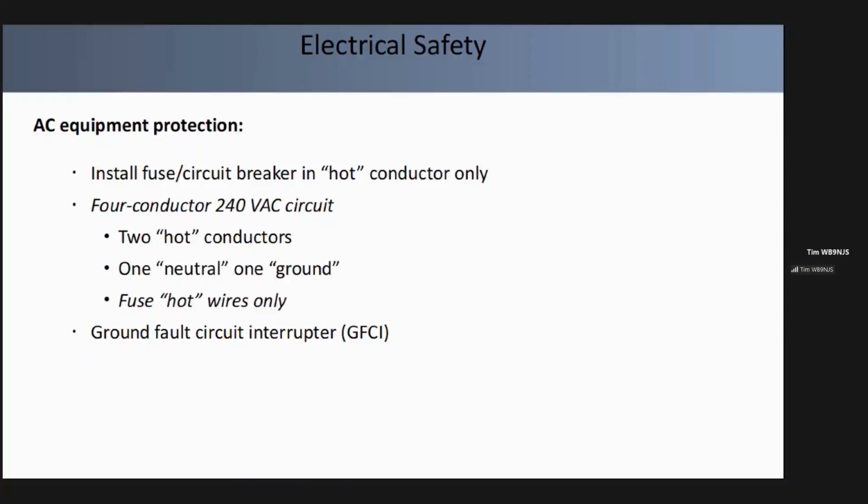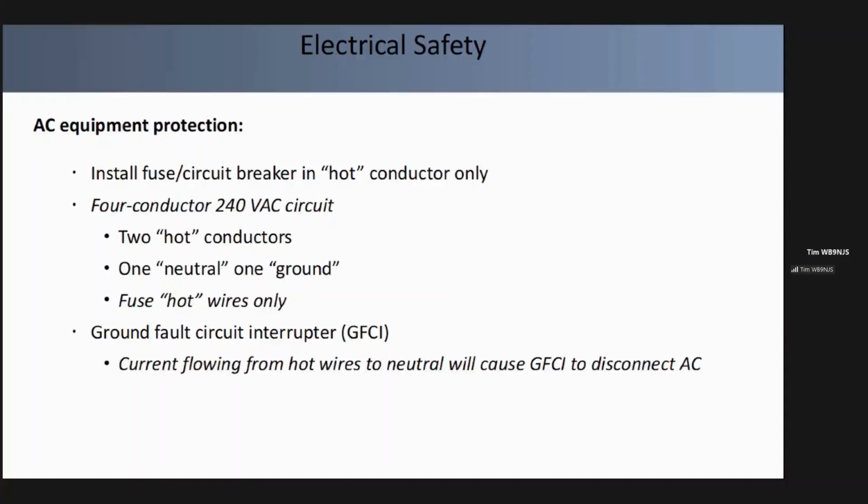Okay, another protective device is a ground fault circuit interrupter, GFCI. And you probably have those all over your house. You should. What they do is they're looking for current that's flowing from the hot wires to the neutral wires, and there shouldn't be any.